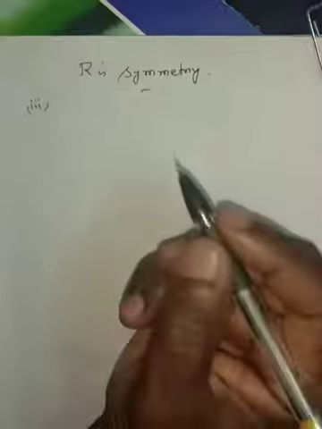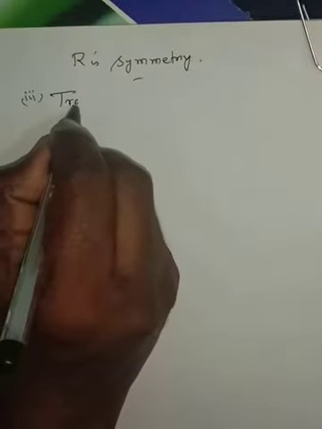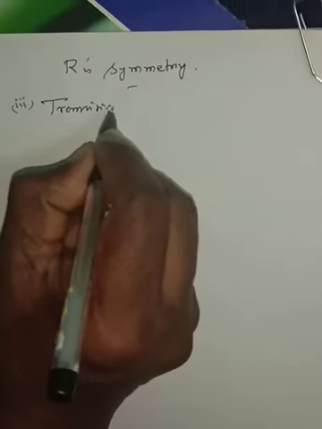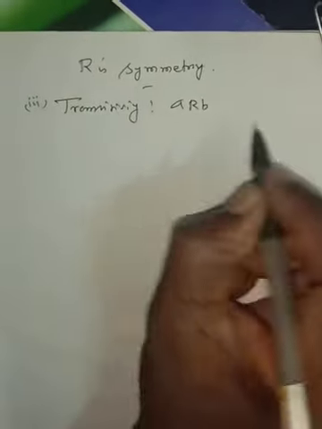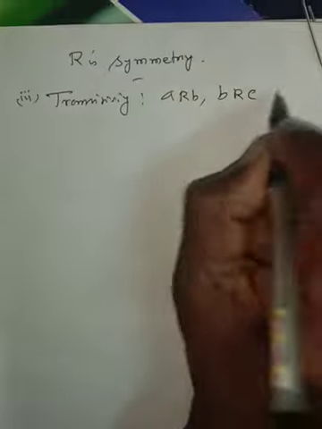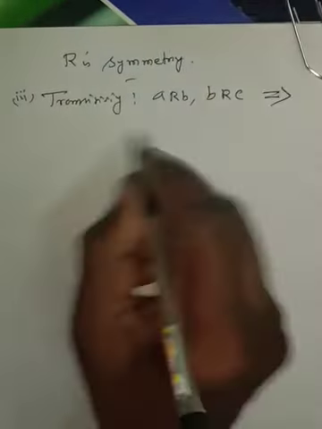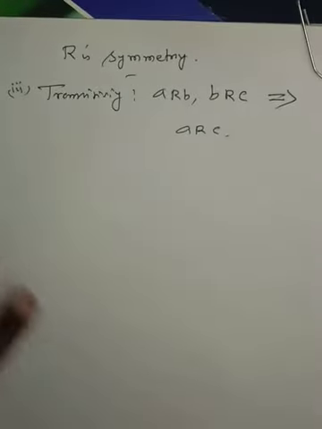Next, number 3, transitivity. A relation B, comma, B relation C implies A relation C. Is this possible or not?